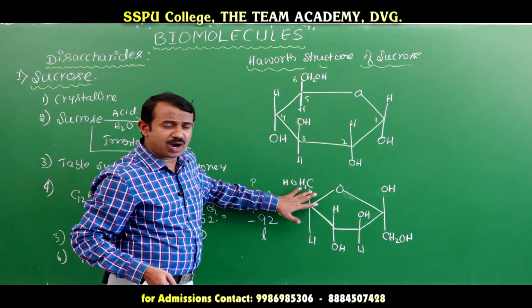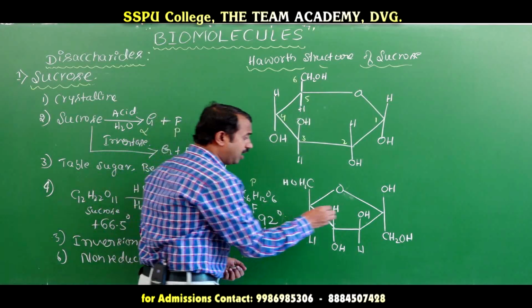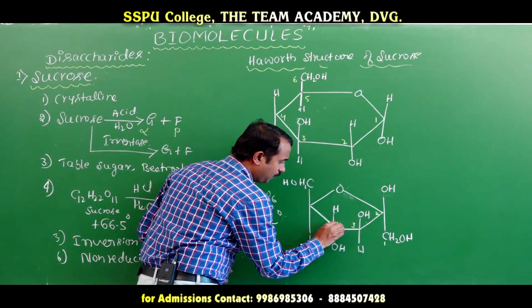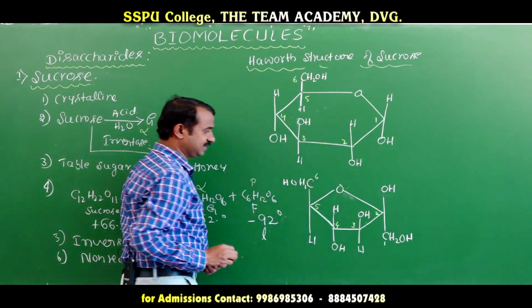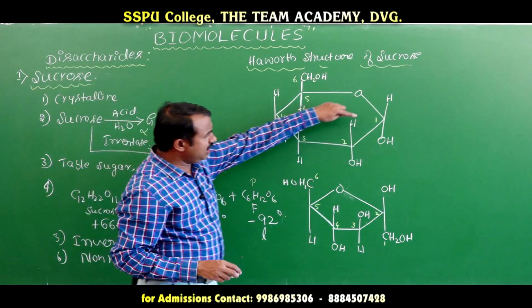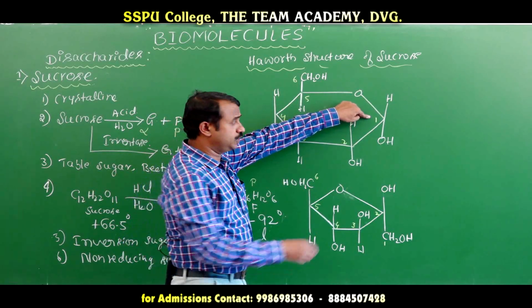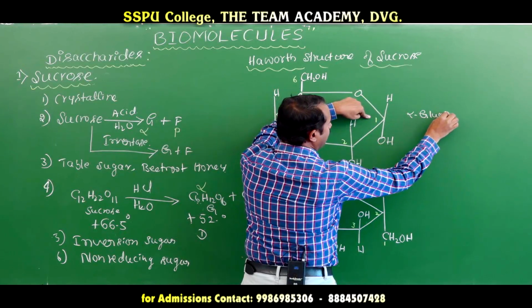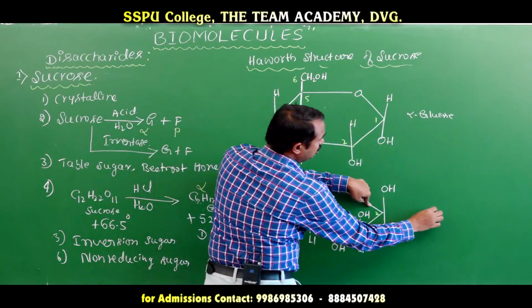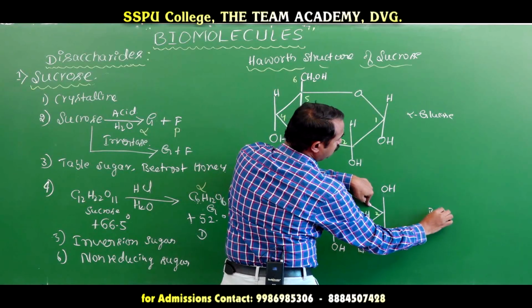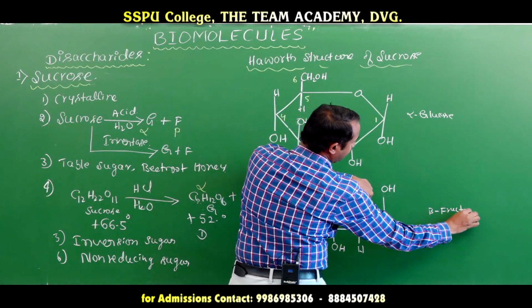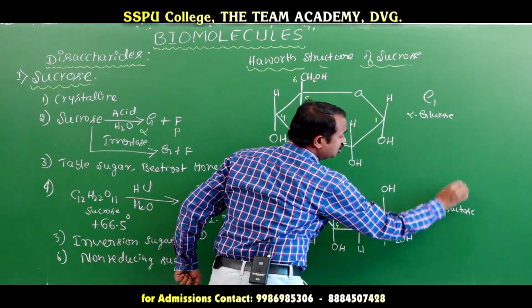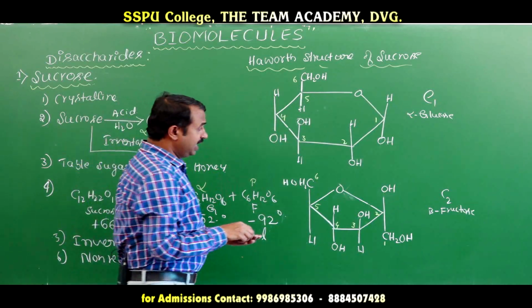There is elimination of a water molecule between C1 carbon of alpha glucose and C2 carbon of beta fructose.